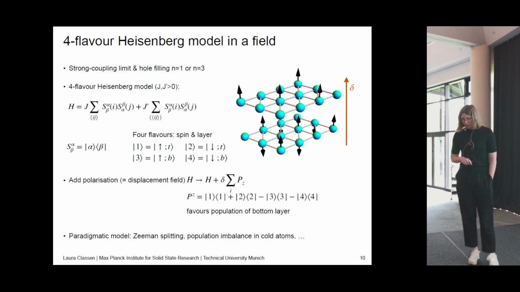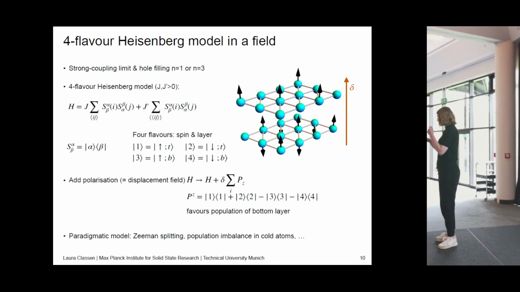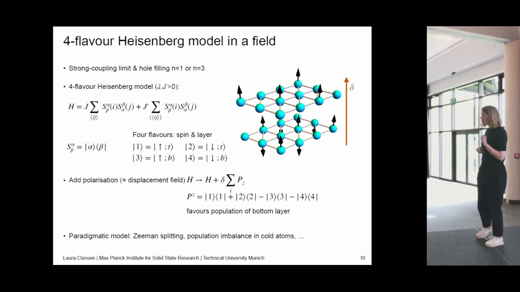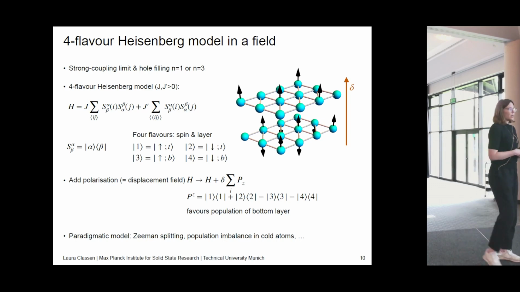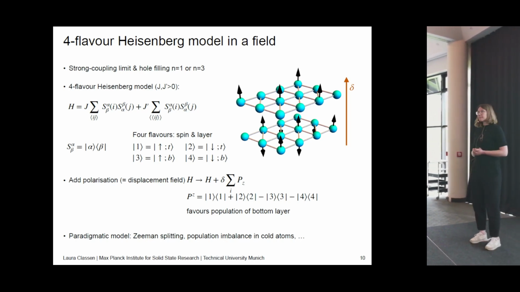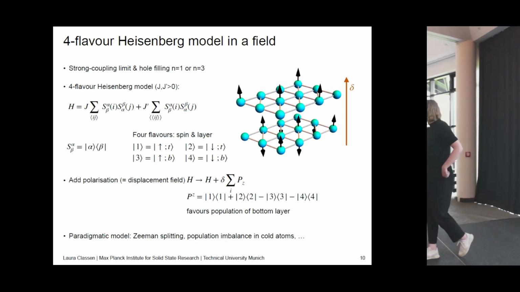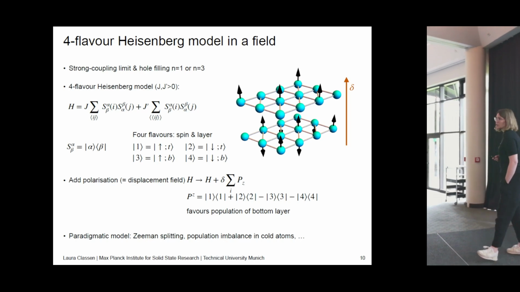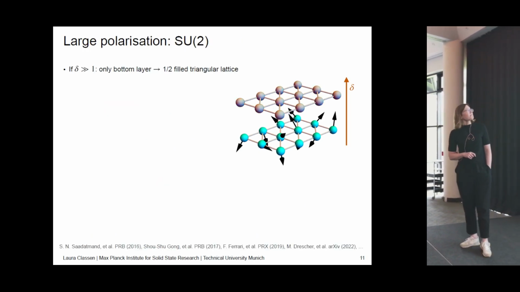Let me also point out here that this, in a sense, is a quite general model. If I shuffle around what I call flavor 1, 2, 3, 4, this would also model the same thing in a Zeeman field. Or I could imagine to model a population imbalance in cold atoms. All right, so now before we do any calculations here, let's look into what is known already about certain limits of this model.